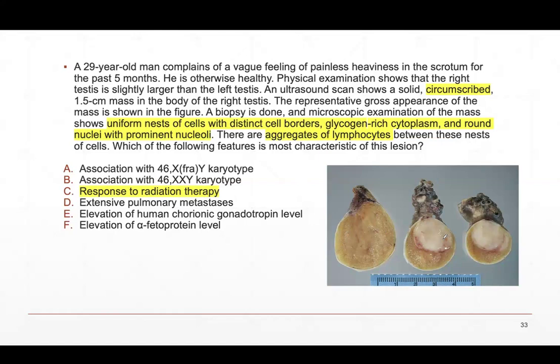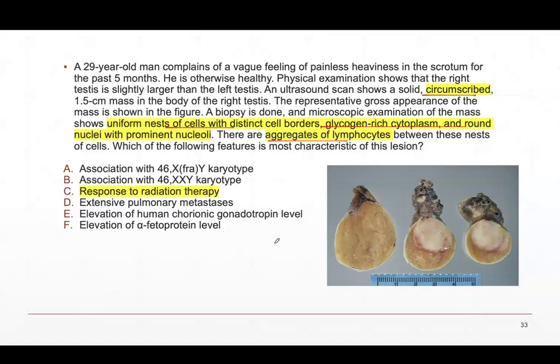So it's tan yellowish with minor little hemorrhage, not a lot, right? And so what tells you this is a seminoma is first of all, it's circumscribed. Second of all, the cells are uniform, and they're the only ones that have rich cytoplasm like this. They're round and they actually look pretty okay with aggregates of lymphocytes. Tamam? So you guys are correct.